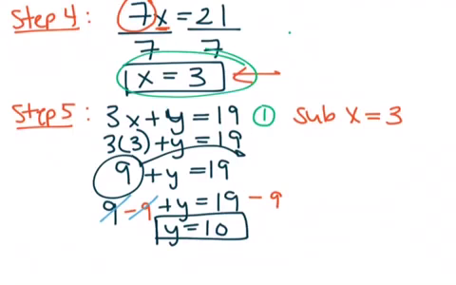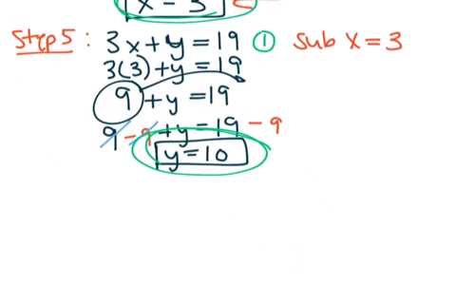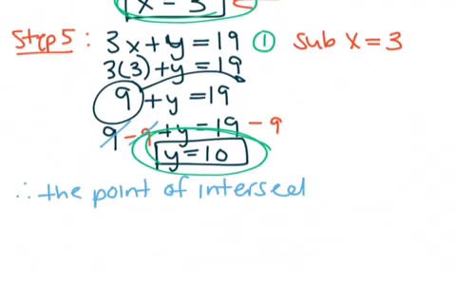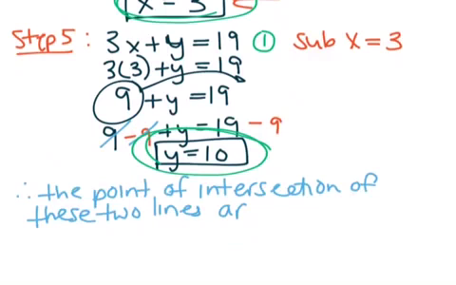I've got my x coordinate, I've got my y coordinate, so we know our point of intersection. So I'm going to write, therefore, the point of intersection of these two lines is the point, and remember we write x first and then y, so not to forget that points are written x, then comma, y.